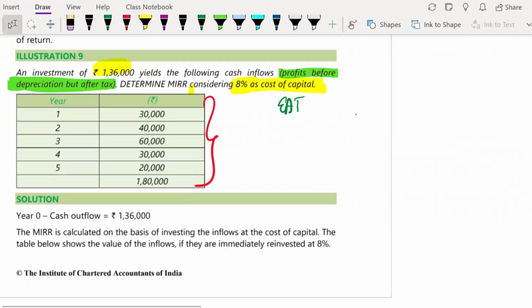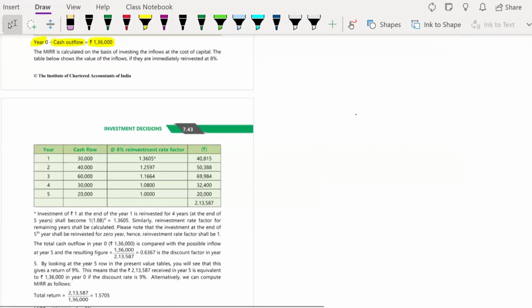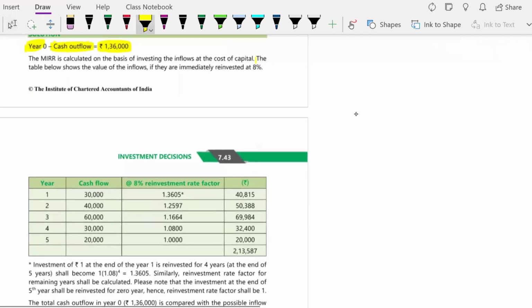So here they have told you that in year 0, your cash outflow is 1,36,000. Suppose you are reinvesting the cash inflows at 8%, which is your cost of capital; your cash inflows are for years 1, 2, 3, 4, 5. If you reinvest at 8%, you find out the 8% factors.